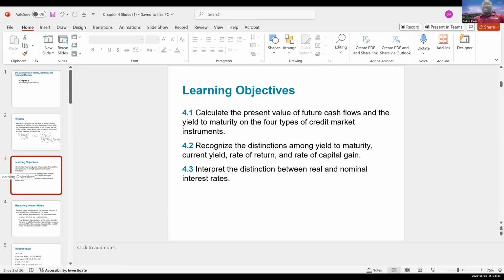So the learning objectives are, we're going to calculate the present value of future cash flows, okay? And the yield to maturity on 4 types of credit market instruments. Those 4 types, I'm going to list them right here. Number 1, simple loan.